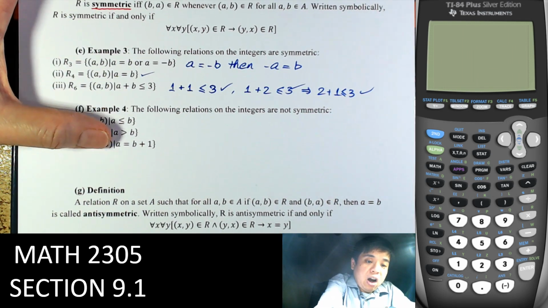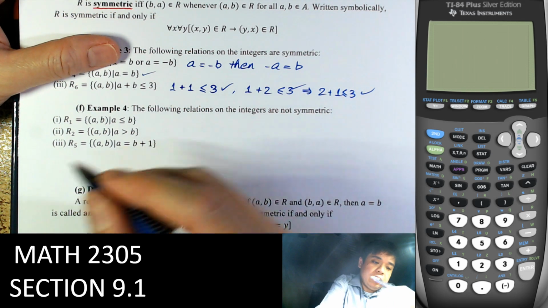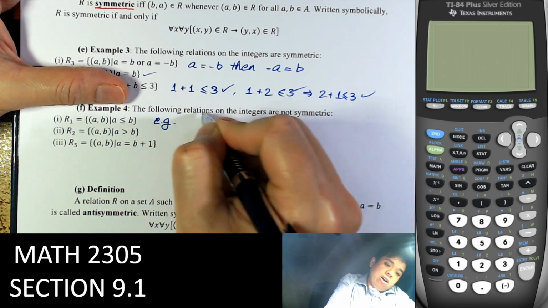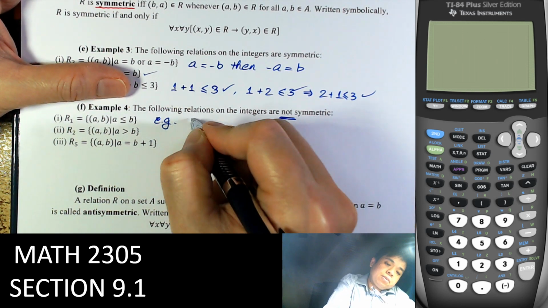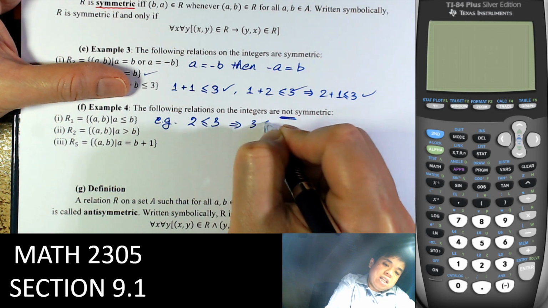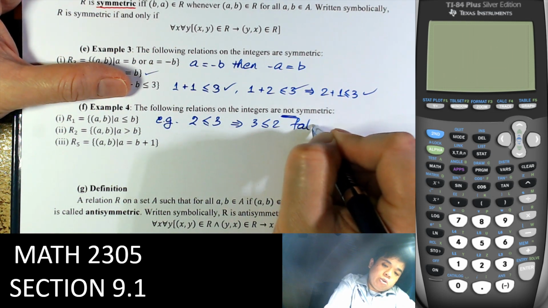Now, these are not symmetric. I'll just give some examples on the integers. 2 less than or equal to 3 does not imply 3 less than or equal to 2. That's why this is false for sure.